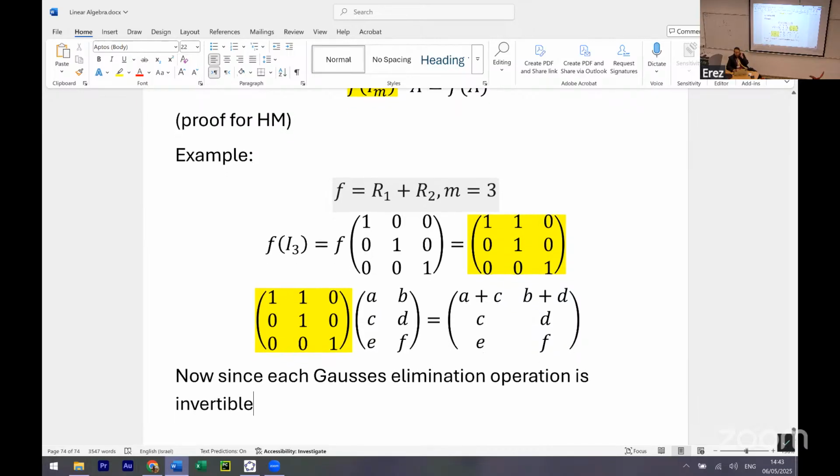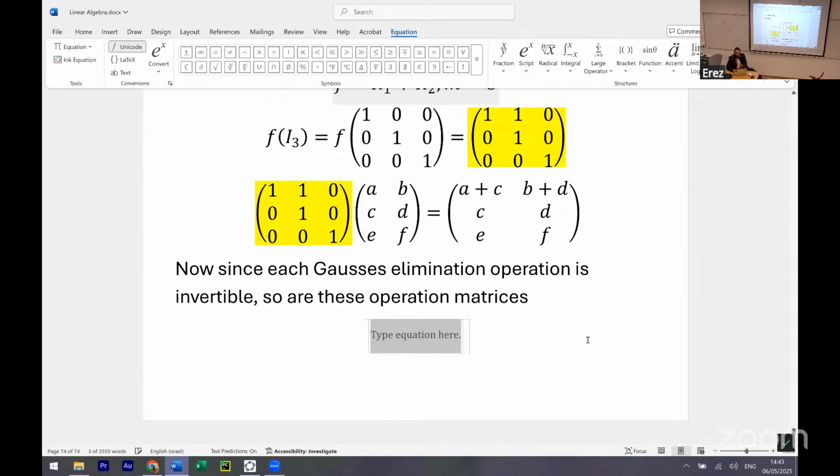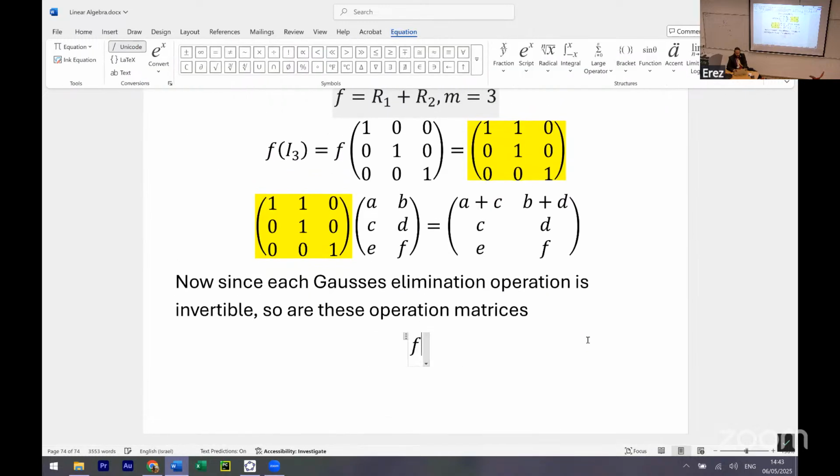So since the Gauss elimination is invertible, so are these operation matrices, and I'll show you why. What is f of f minus 1 of I? This is obviously I. If I do an operation and cancel it, I get back to the original matrix.